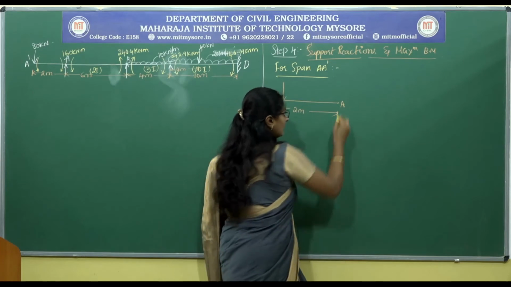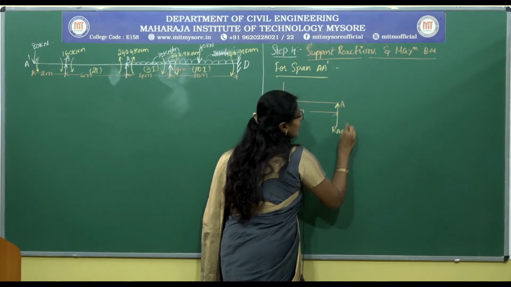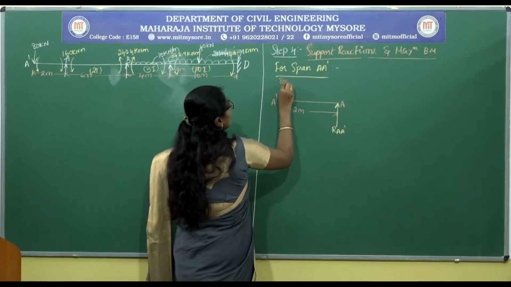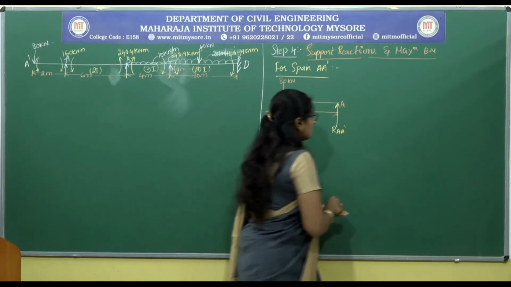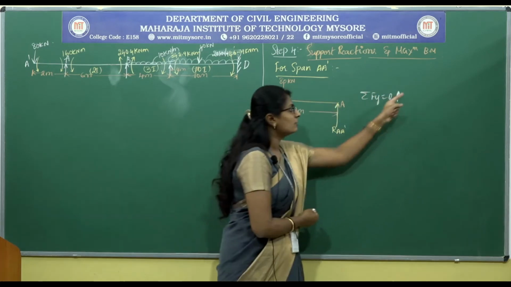Here you need to calculate the reaction at A, which is given by RAA dash. Since the load acting here is 80 kilonewton, we shall consider upward forces as positive.